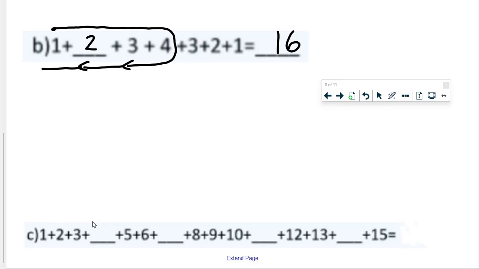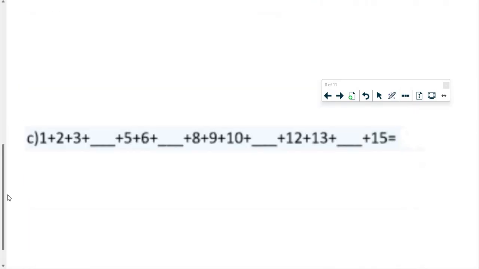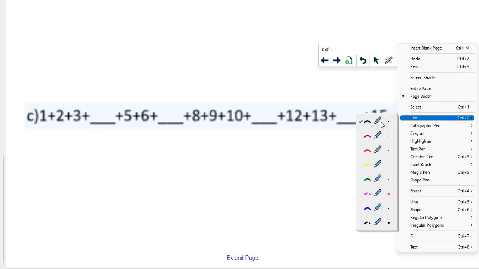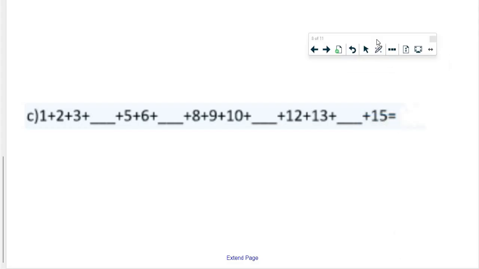Next. 1 plus 2 plus 3 plus a missing number plus 5 plus 6 plus a missing number plus 8 plus 9. Sorry for that.